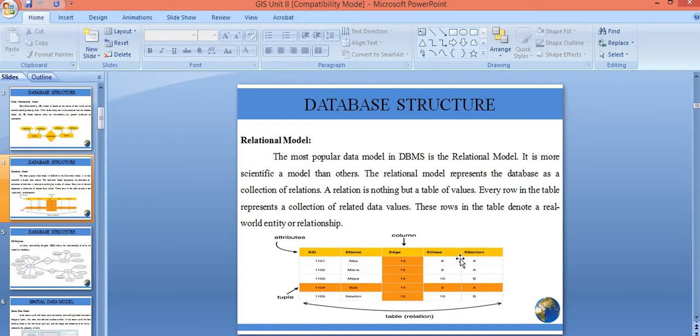As you can see in the slide, you have stored information about a student called Alex, and student information for Maria, Maya, Bob, Newton. So whenever you store some information, you will be storing it in the form of tables. Now in this, every individual row is also referred to as a tuple, T-U-P-L-E, tuples.